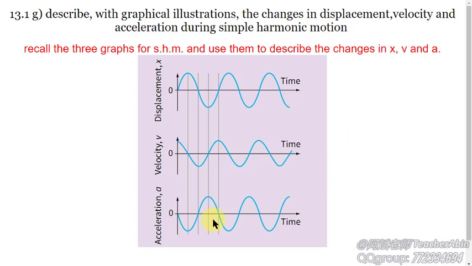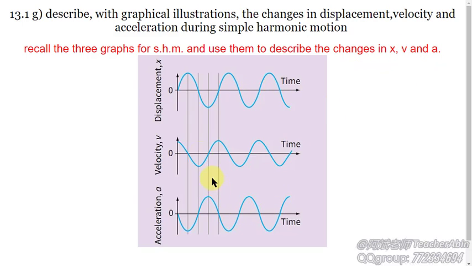And we can also deduce the a-t graph from the v-t graph, because the a-t function is actually the derivative of the v-t function.